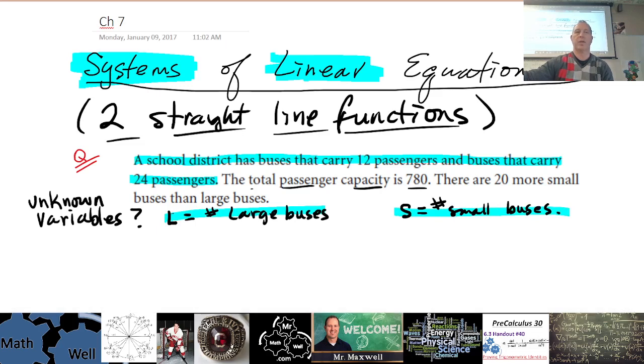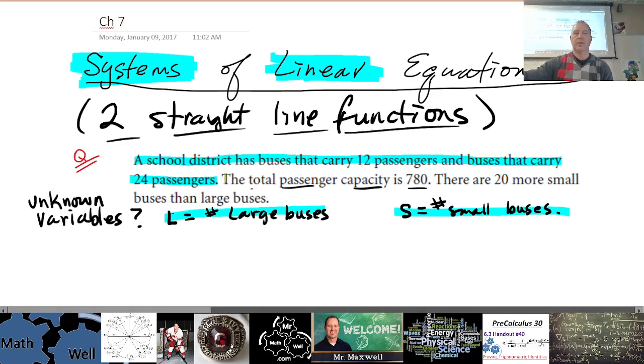The second sentence: the total passenger capacity is 780. So the number of students on an unknown number of large buses plus the number of students on an unknown number of small buses has to equal 780.